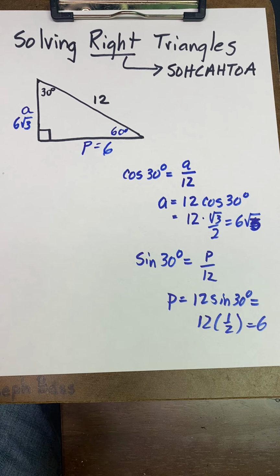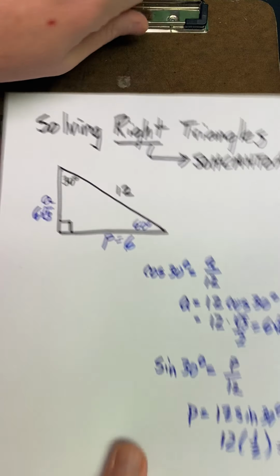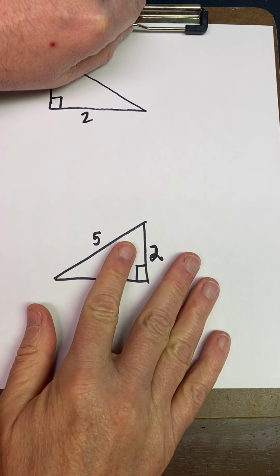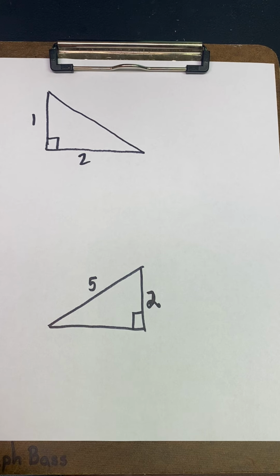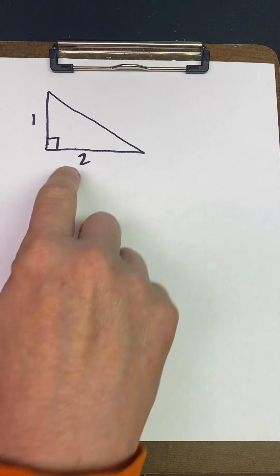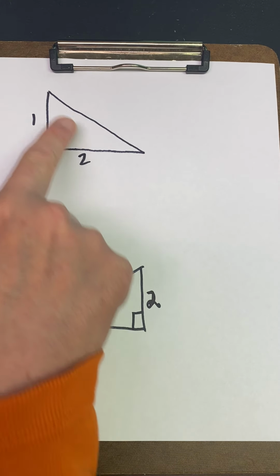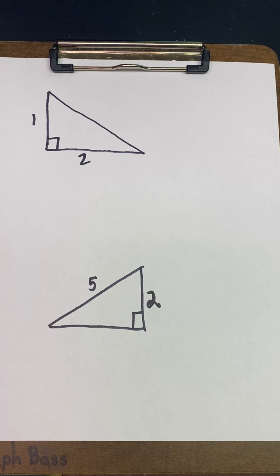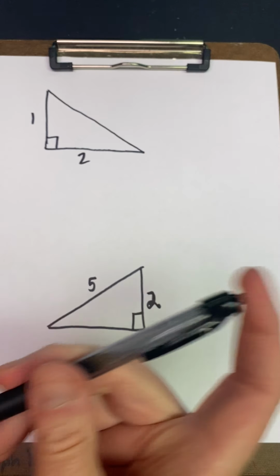What if, however, we're solving a right triangle? We still know it's a right triangle, but we aren't given an angle. So here's a couple of examples. They're essentially the same. Here, I'm given a right angle and two sides. I don't know either of those other angles. How in the world can I solve this problem? Well, here's what I'll do.